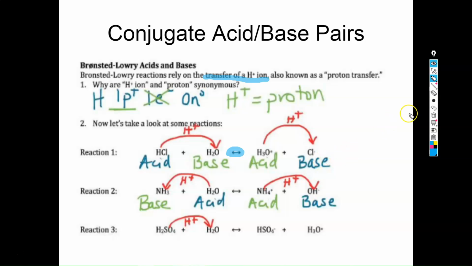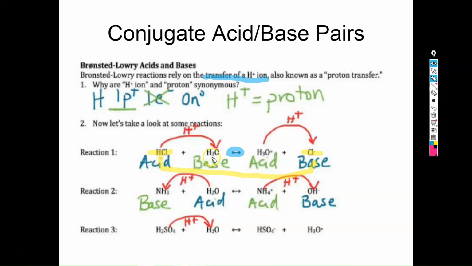But let's stop and identify a couple of things here. The first thing I want you to notice is that when the acid gives away its hydrogen, what's left over is something we're calling the base. So this is, as we referred to last time, the conjugate acid and base pair. We can do the same thing with the base.